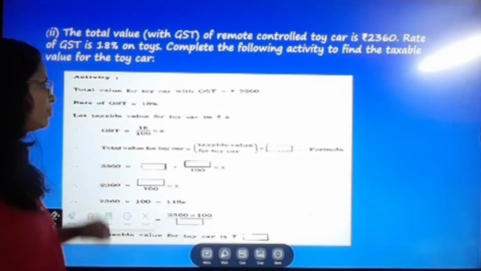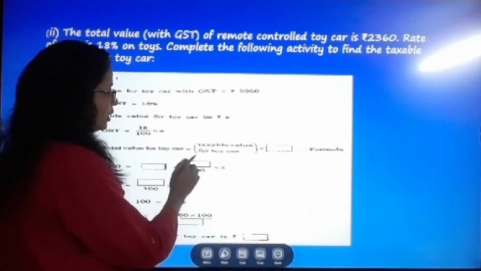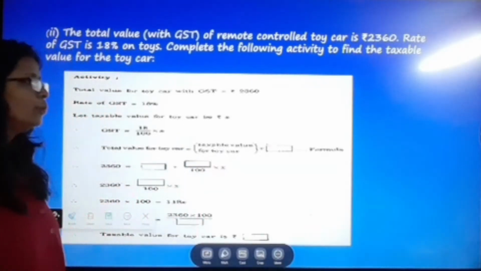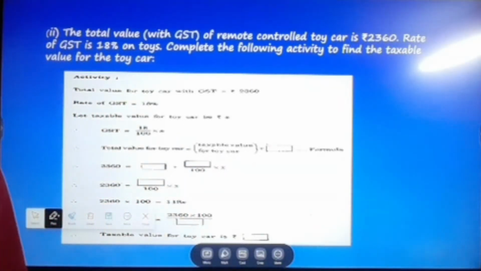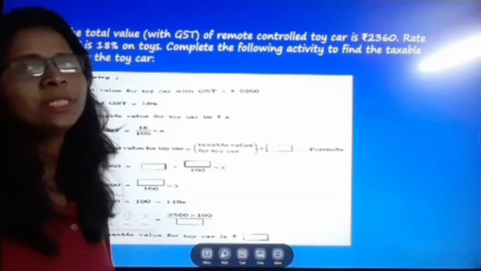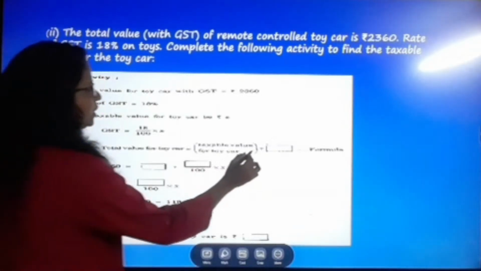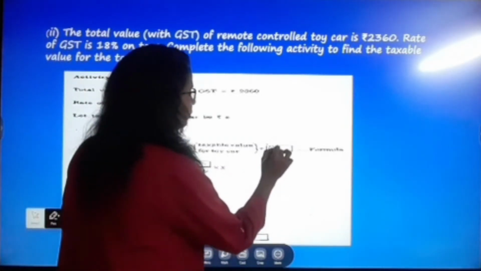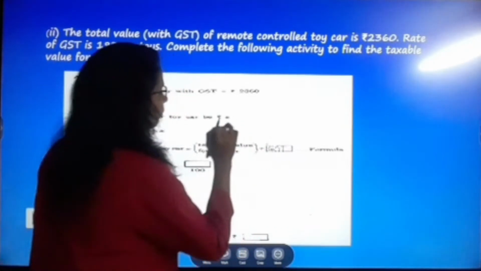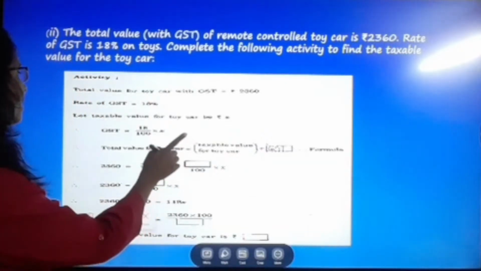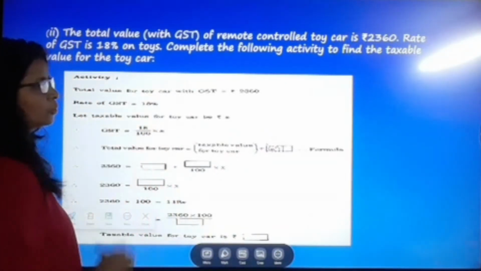So total value for the toy car is equal to taxable value for toy car plus GST. Okay, so here we write GST. Okay, this is the total value for toy car.